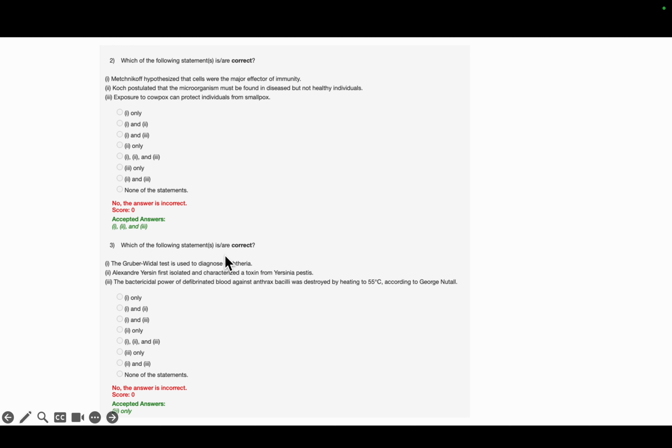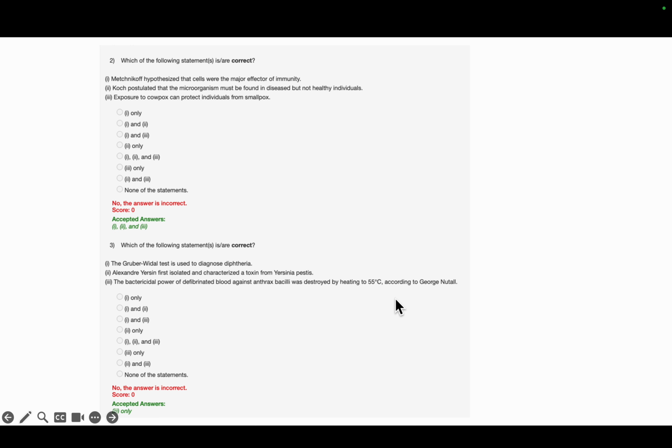Which of the following statements are correct? The Gruber-Widal test is used to diagnose diphtheria. Alexandre Yersin first isolated and characterized a toxin from Yersinia pestis. The bactericidal power of defibrinated blood against anthrax bacilli was destroyed by heating to 52 degrees Celsius according to George Nuttall. So these are very memory-based questions.